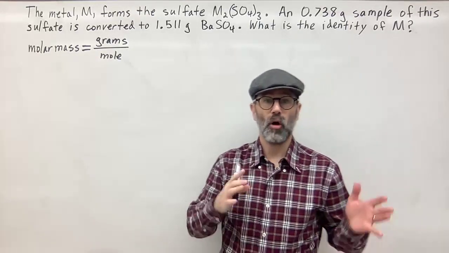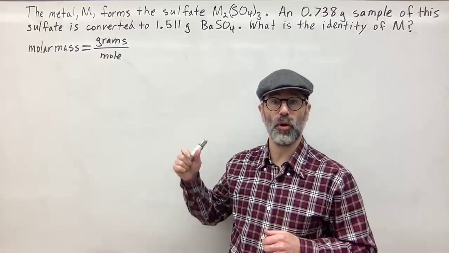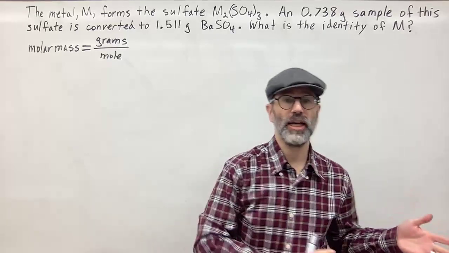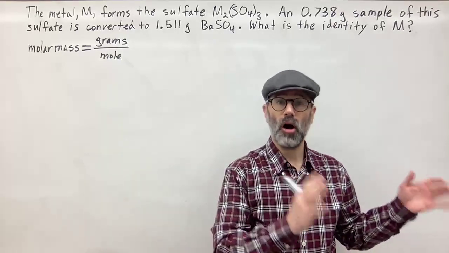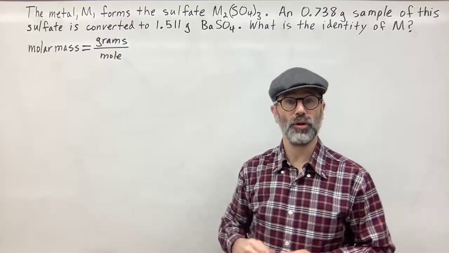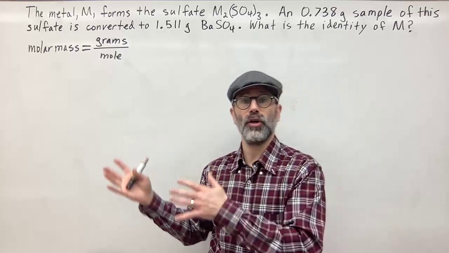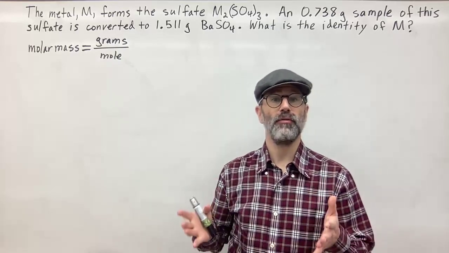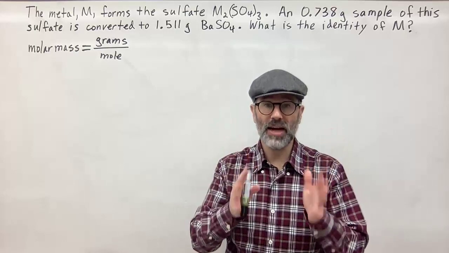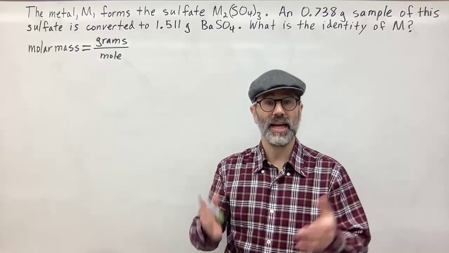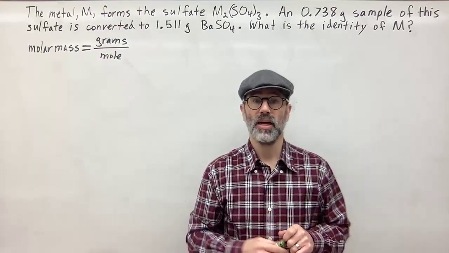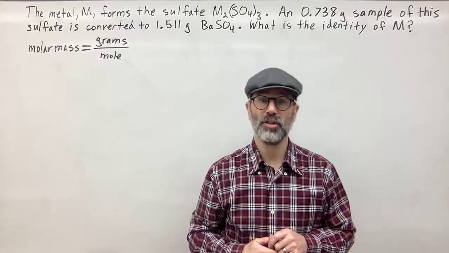Well, if all of that 0.738 gram sample is converted into barium sulfate, meaning all the sulfate that's in the mystery metal sulfate, M2(SO4)3, gets converted over to barium sulfate, then we could find the mass of the sulfate that's contained in the barium sulfate, because all of that came supposedly from this metal sulfate that we have to start with.